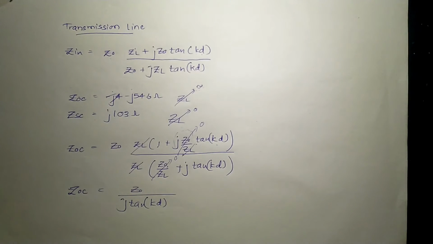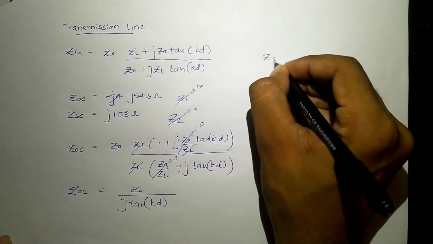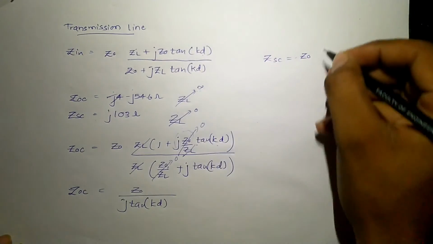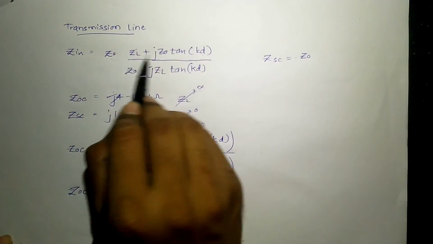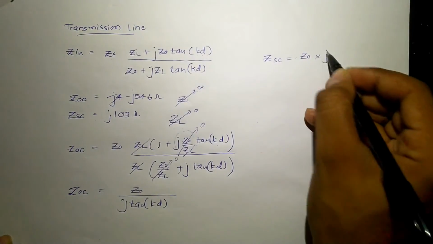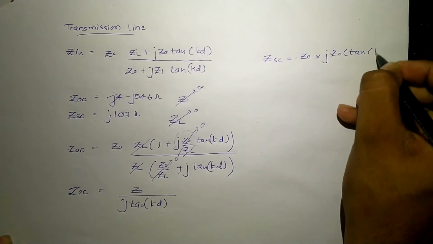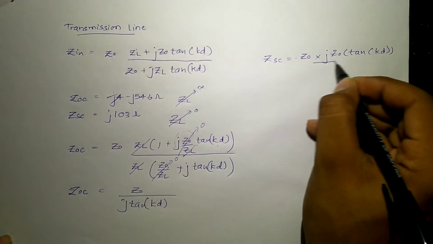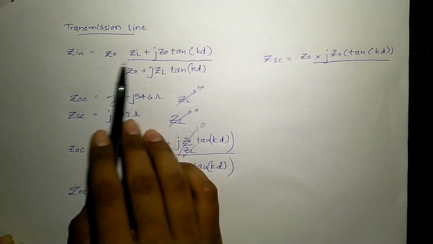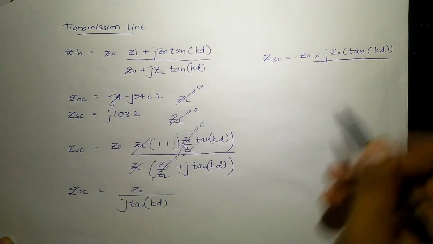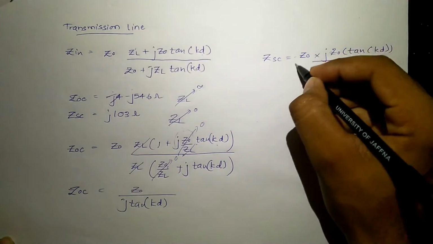Let's go to the short circuit impedance. Here ZL is 0. So the short circuit impedance is equal to Z0 into jZ0 tan KD over, here ZL is 0, so this term is going to be 0, so over Z0 into Z0.